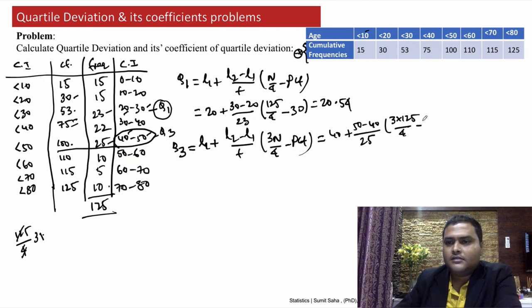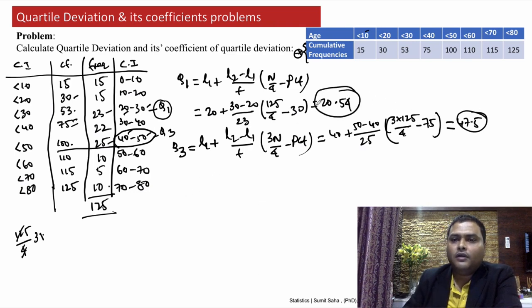So if you calculate, you can use the calculator. Can anyone tell me? Yes, the value is 47.5. Great. So we have got 47.5 as Q3 and 20.54 as quartile 1.